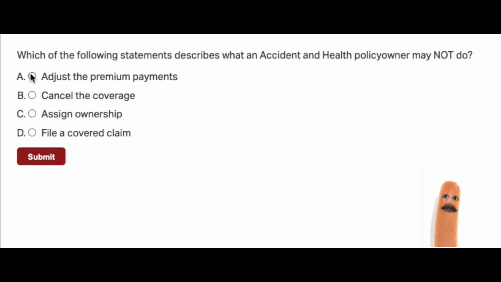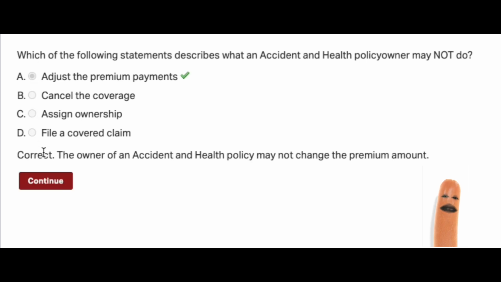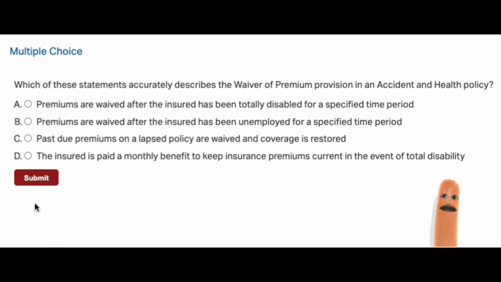He can't adjust premium payments either, I don't think. I'm going with A, Bob. Ding! Correct. The owner of the accident and health policy may not change the premium amount. He don't have the right to do that. Take notes. Alright, next question, please.